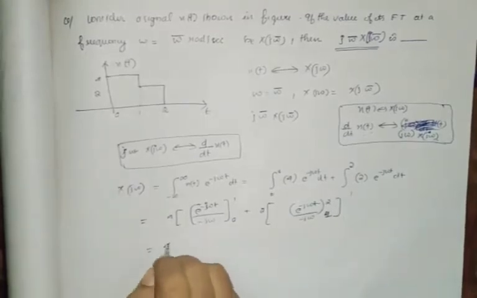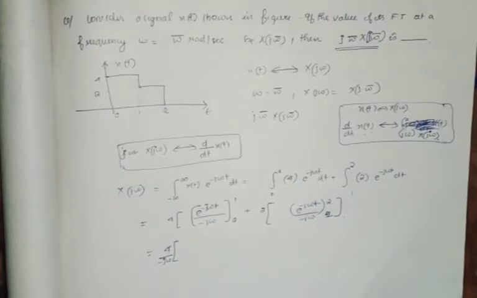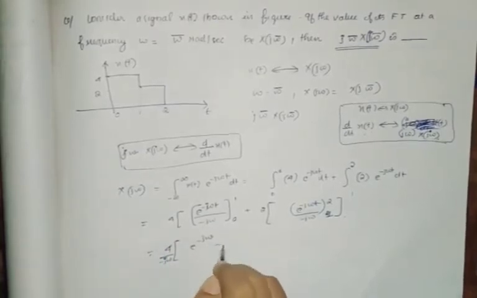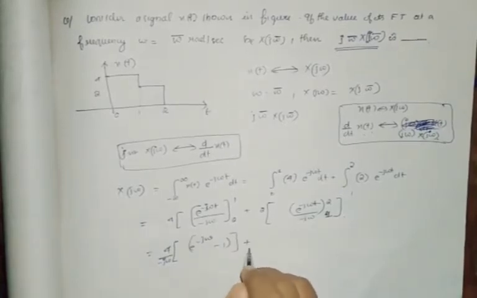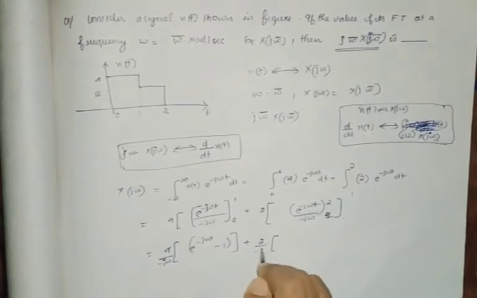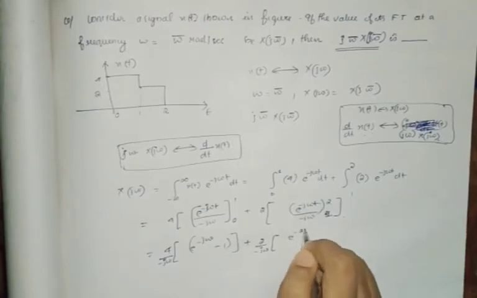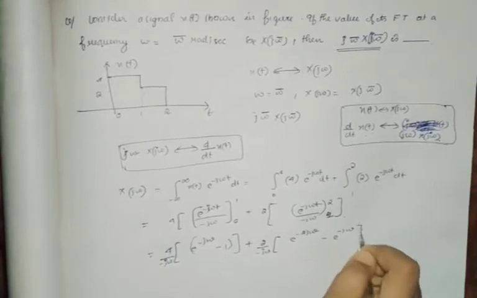Okay, so taking minus j omega outside and applying the limits, we get 4 into e raised to minus j omega minus 1, plus 2 into e raised to minus 2j omega minus e raised to minus j omega.